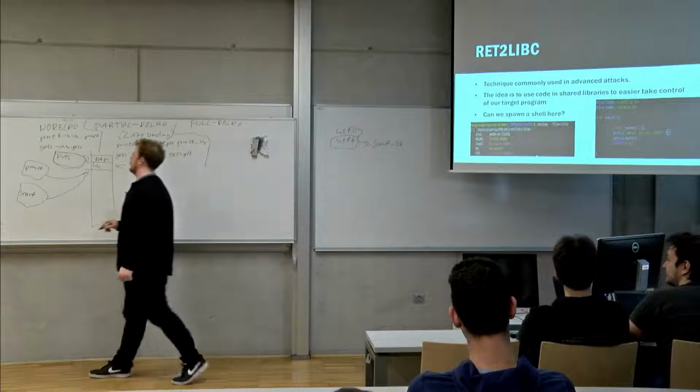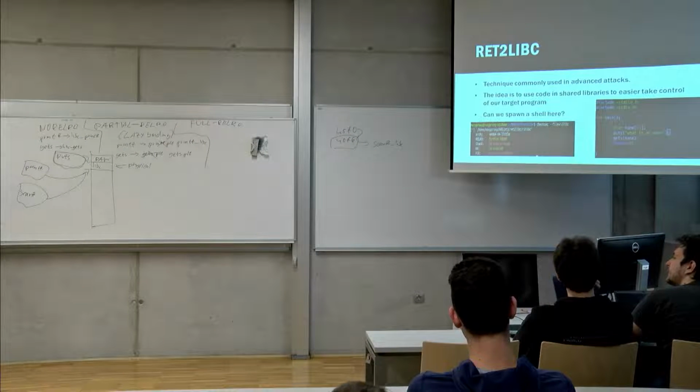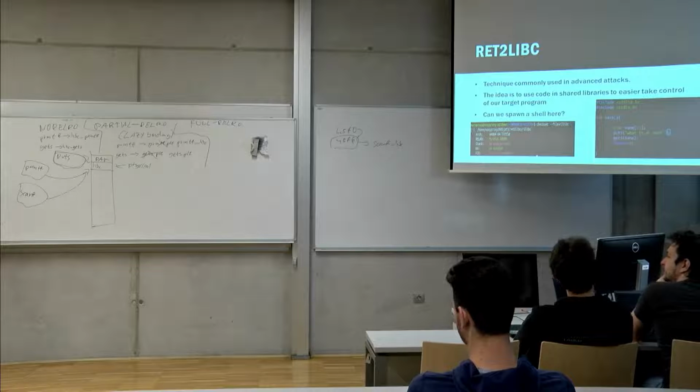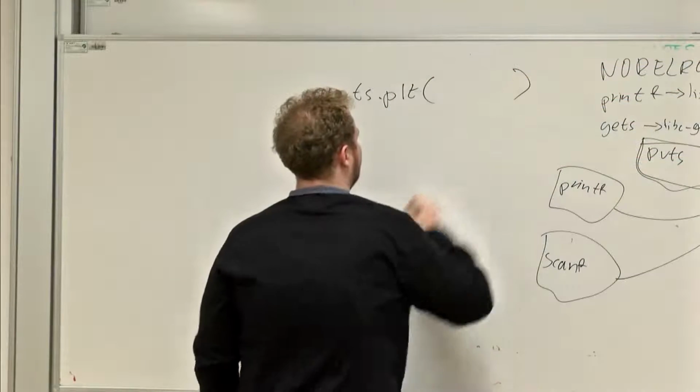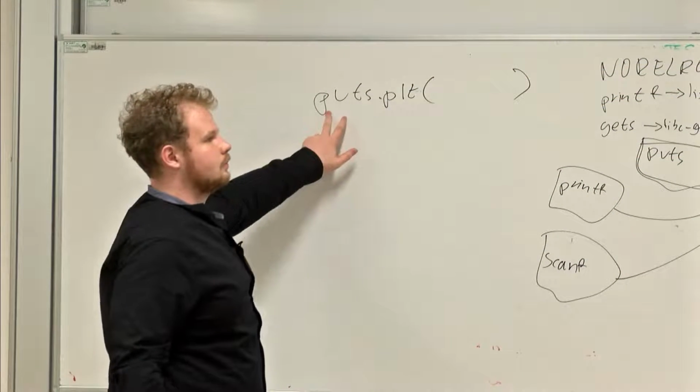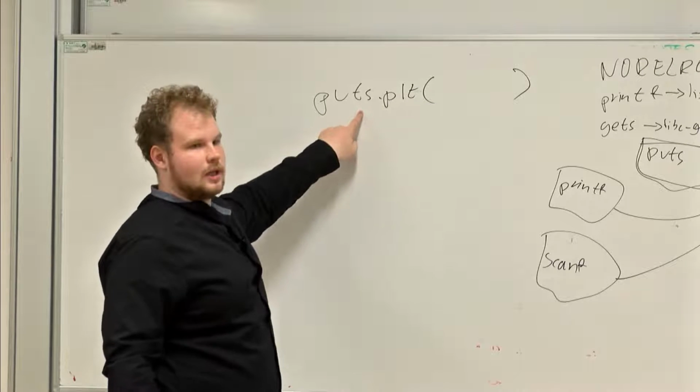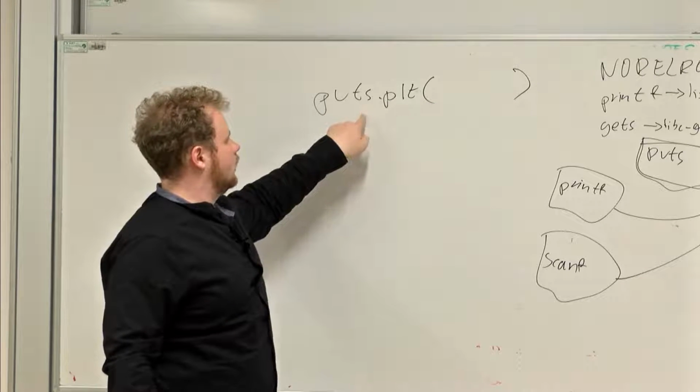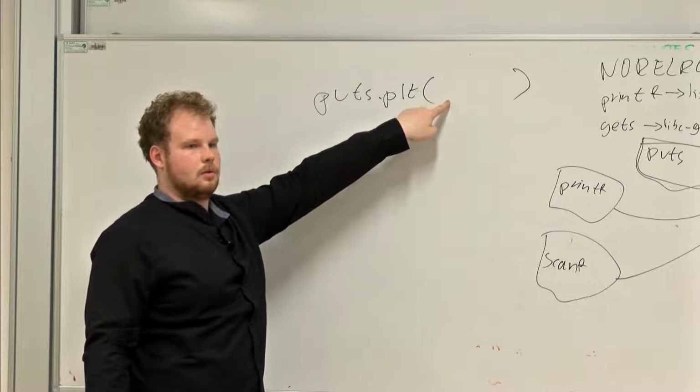How? We already figured out that we should call puts at PLT. Great, because that we know the address of. But what will be the argument?